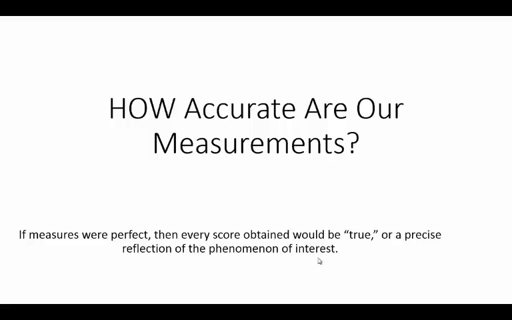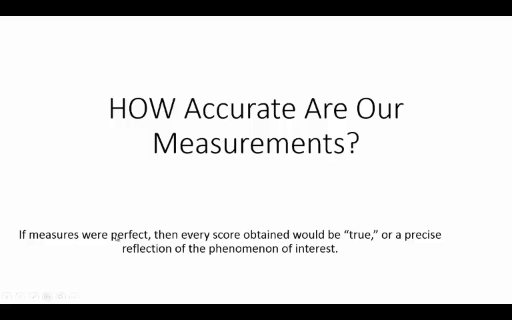Now, the measures that we just talked about, how accurate are our measurements? How accurate are these measures? If these measures are perfect, then everything we measure is really a true value.